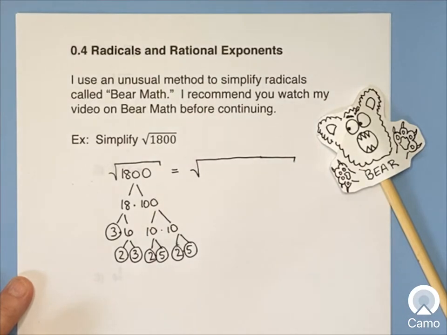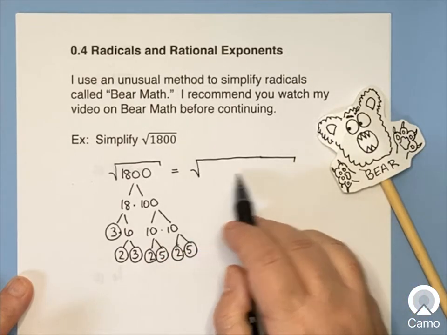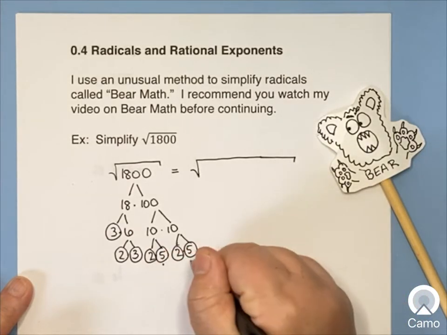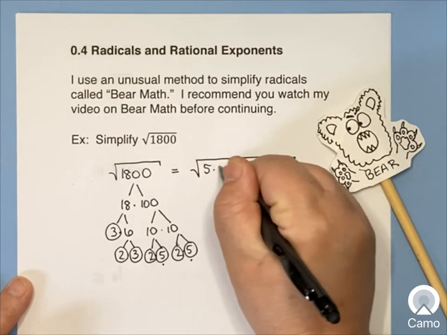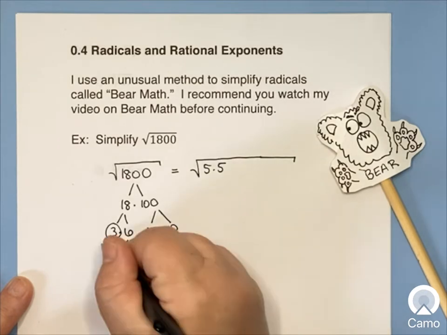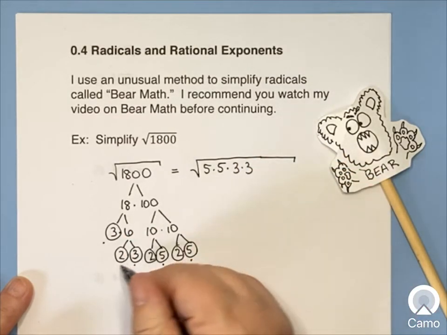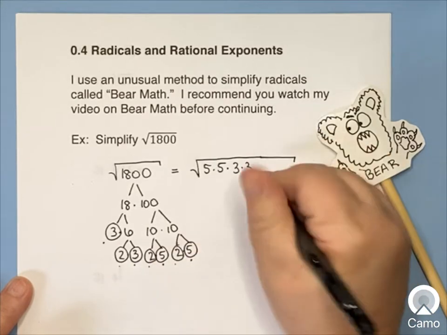So we're trying to figure out what times itself equals 1800. How I'm going to start is to figure out what 1800 is to begin with. I'm going to write them down, I hope, in descending order. I've got a pair of 5s, and then I've got a pair of 3s, and then I've got three 2s.